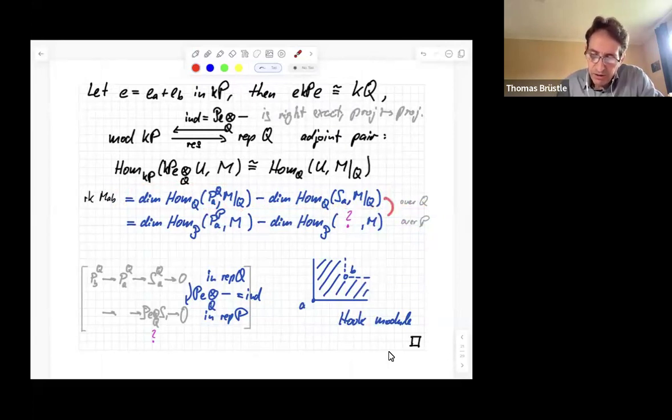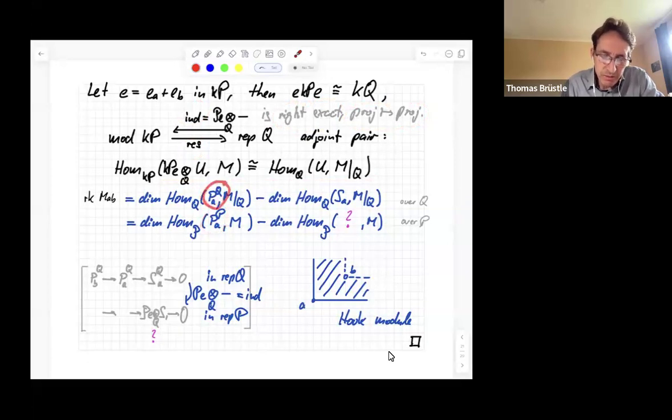And using the adjunction formula, I can transfer this into dimensions of Hom spaces over the poset P. The induction is the left adjoint of restriction. So it is a right exact functor. It maps projectives to projectives. So the projective here goes into the projective there. These are the indecomposable projectives.